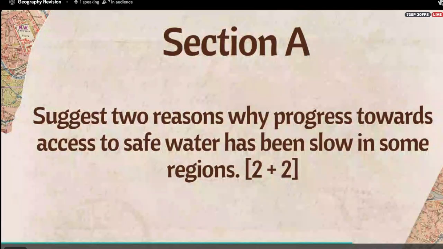Unfortunately, with Geo, with 2 plus 2, it's understanding how an examiner might like a question. So with a 2 plus 2, unless they ask for an example, don't give an example. And if the question says suggest, they want you to give a bit more reasoning. Justify why it's happening.